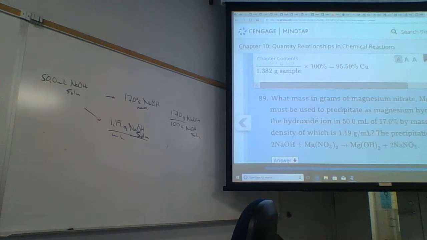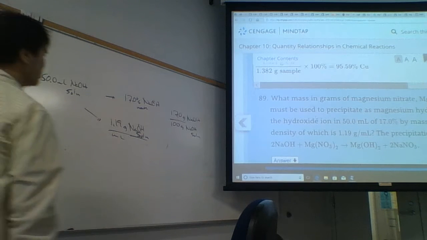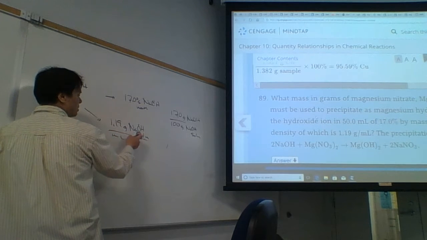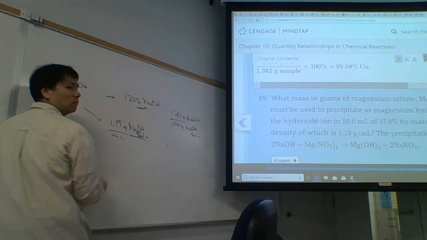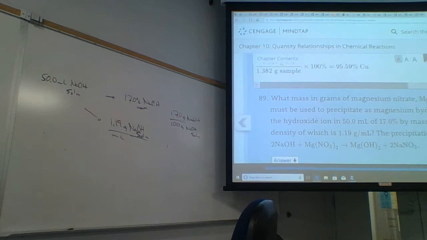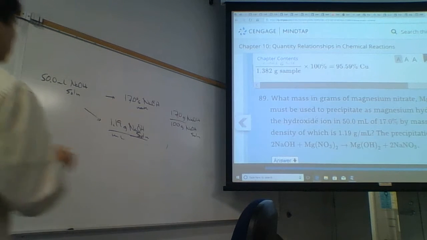So we have to be very careful how we label it, because if we just write sodium hydroxide, we might mistake that for pure sodium hydroxide. It's not. This is not the density of pure sodium hydroxide. This is the density of the sodium hydroxide solution. So it's going to be 1.19 grams of sodium hydroxide solution per milliliter of sodium hydroxide solution.